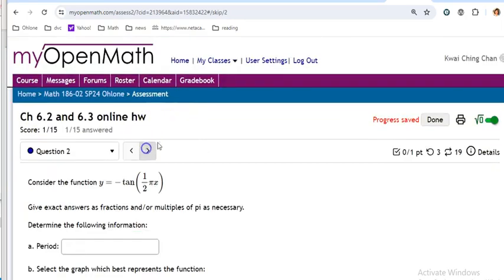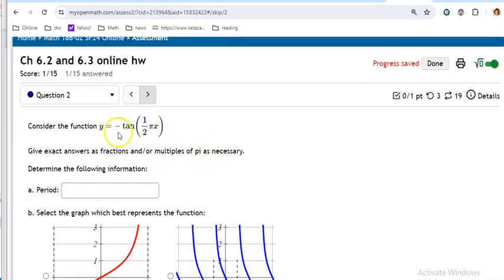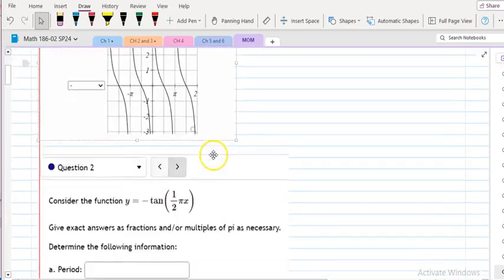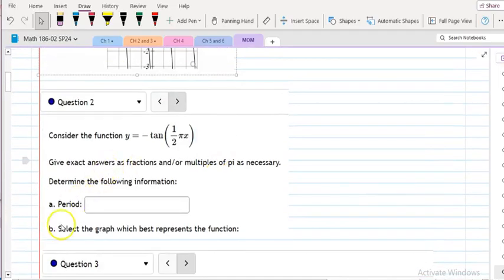Right, okay. Question 2: I have a tangent function and I want to determine the following. What is the period of this function? Okay, so let's go to the notes. For the period of this function, we look at b.